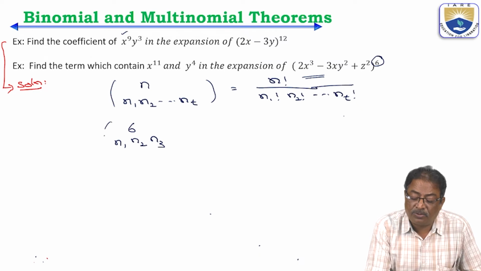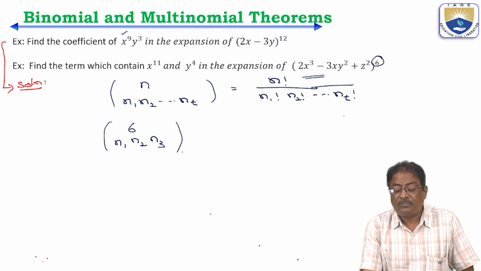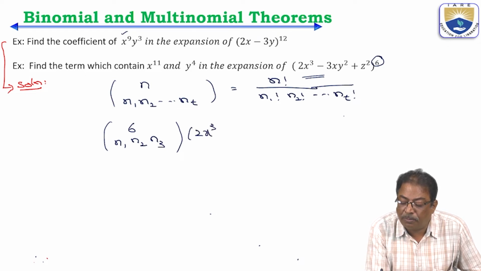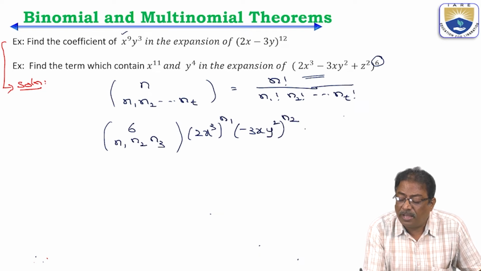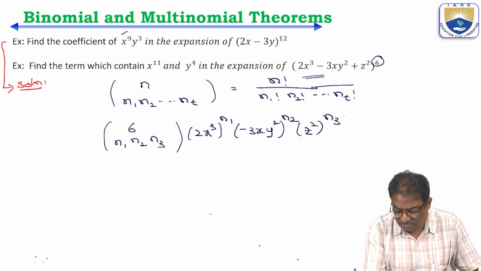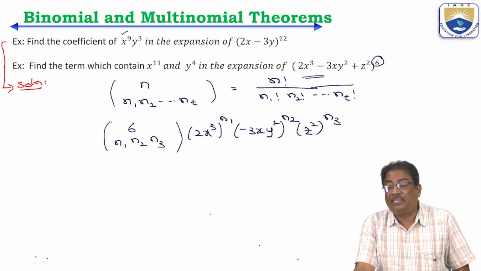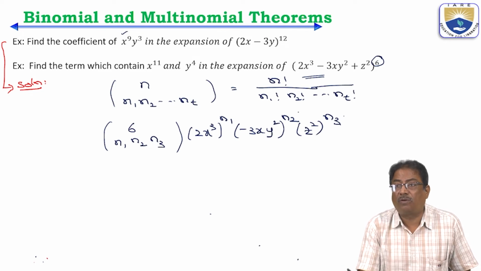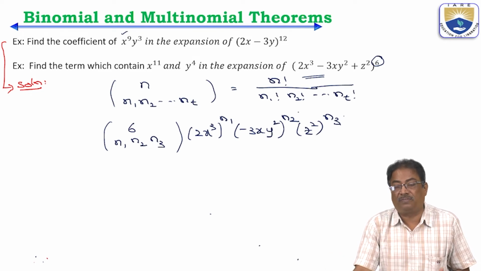Then the expansion is: first one is (2x cubed) to the power of n1, and (minus 3xy squared) to the power of n2, and next (z squared) to the power of n3. I am just going to calculate the coefficient of x to the power of n1, x to the power of n2, x to the power of n3.